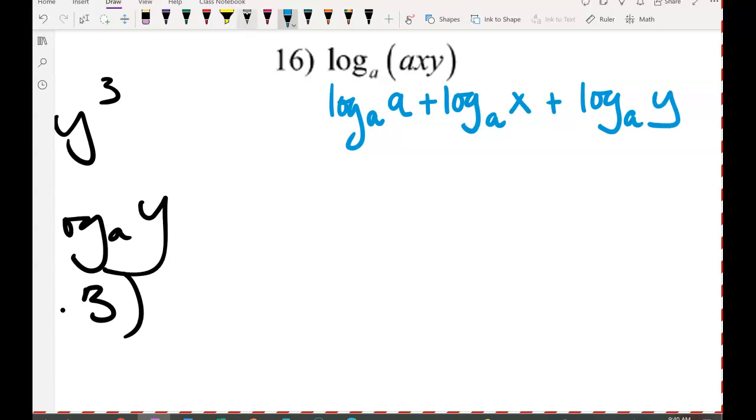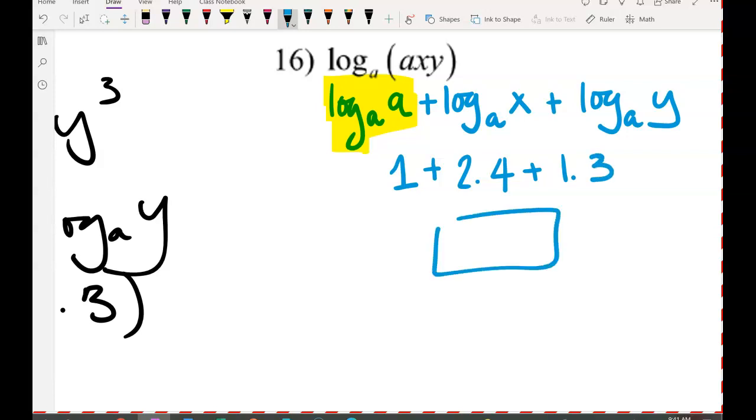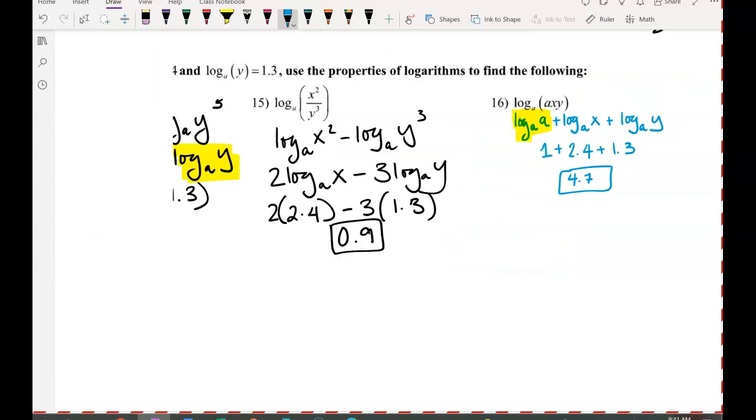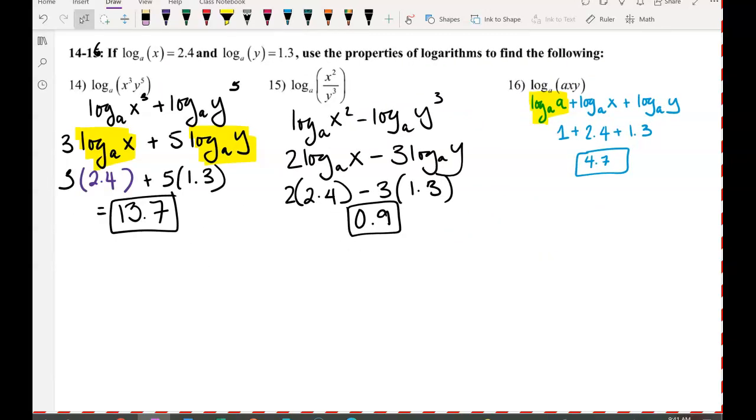Great. Calvin, can you tell the class what log base a of a would turn into? Good. And then what is log base a of x? And what is log base a of y? 1.8 you said? 3. And then so that final answer came out to be? 4.7. All right, guys. Is that the end? All right, that's an egg roll.